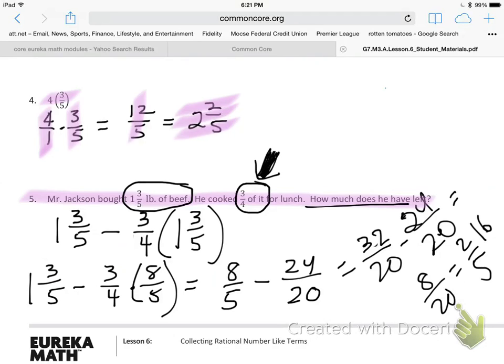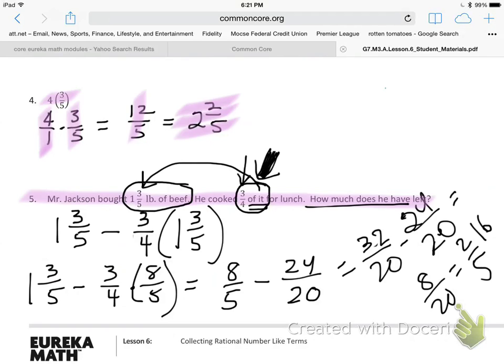I'm wondering right now if some of you just went ahead and did 1 3/5 minus 3/4. Because this does not say 3/4 pounds. It says 3/4 of it. So that "it" refers to this 1 3/5 pounds. That's what "it" is.